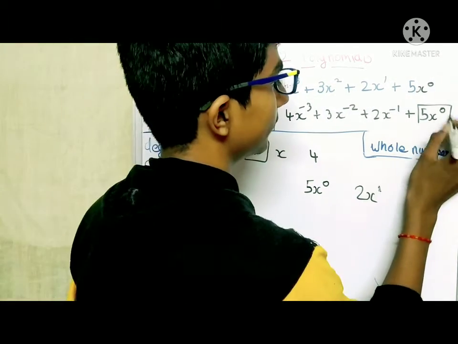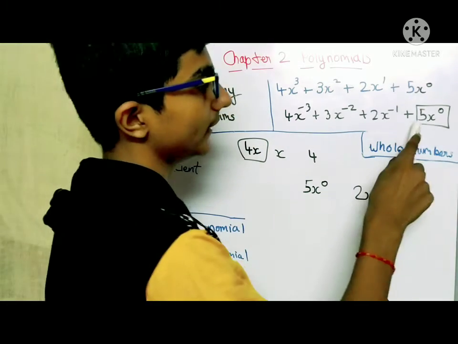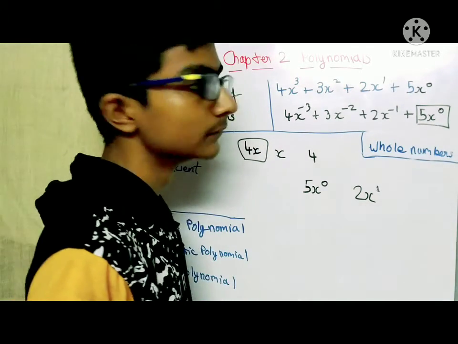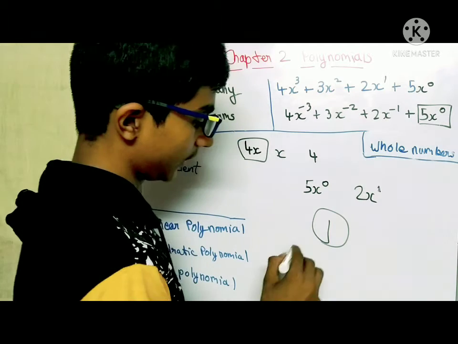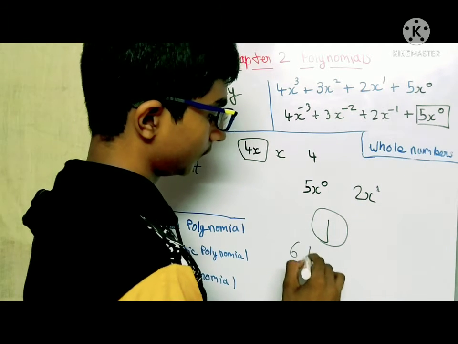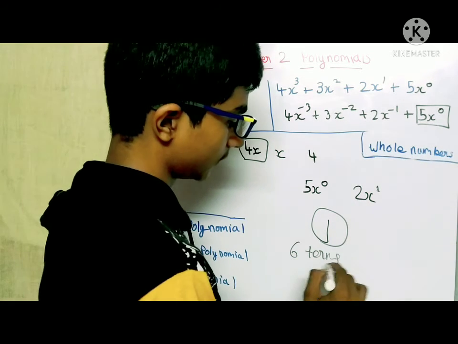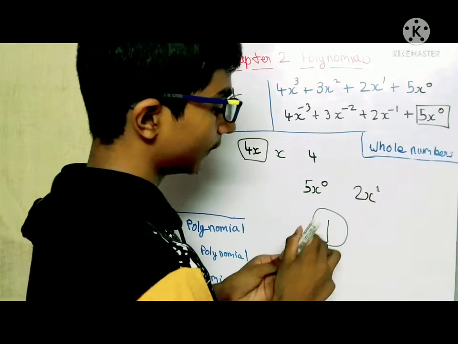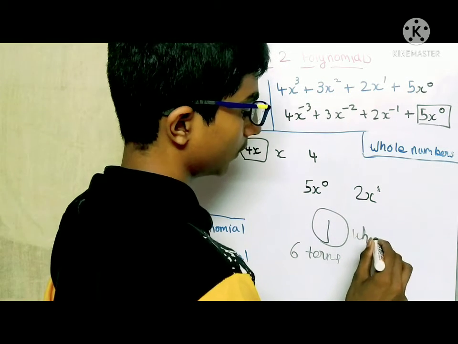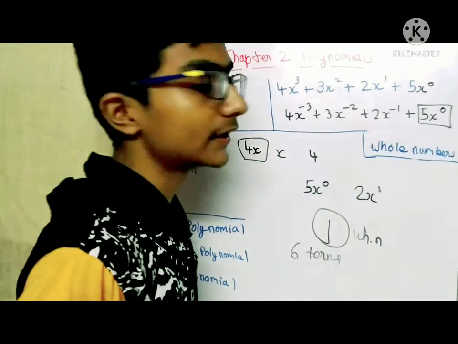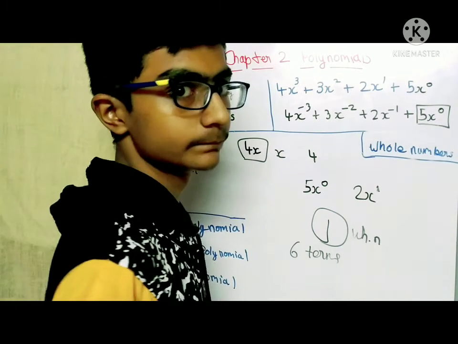See, this is a term, 5 times x to the power 0 is a term. Even a single term in an equation of many terms, if it has its power as a whole number, then that equation is a polynomial.